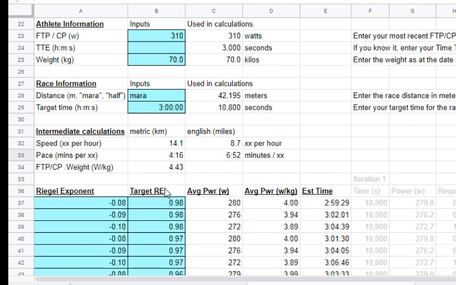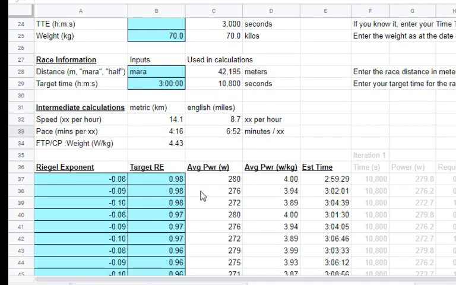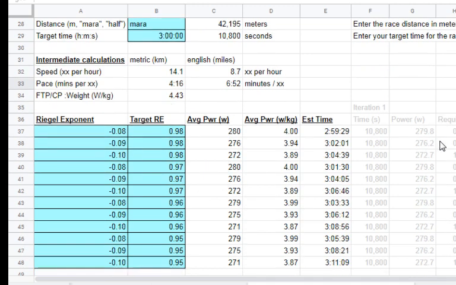The next variable is running effectiveness. I don't know what this runner has done in tempos and long runs. I don't know what they've done in half marathons and marathons before. So this is where the guesswork comes in.